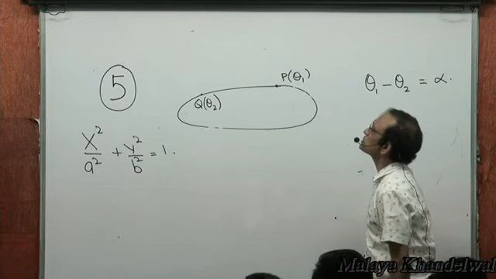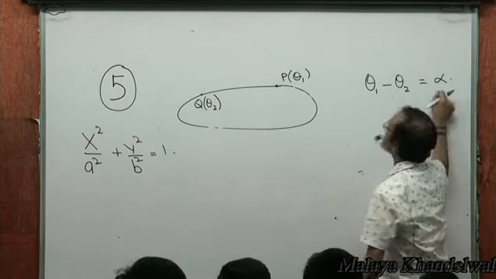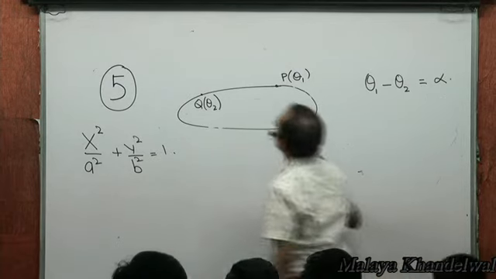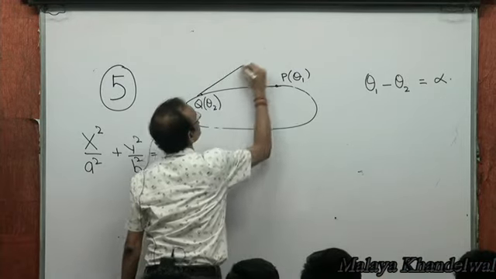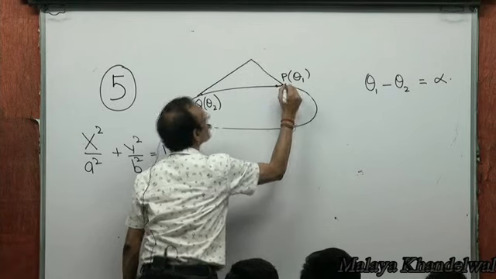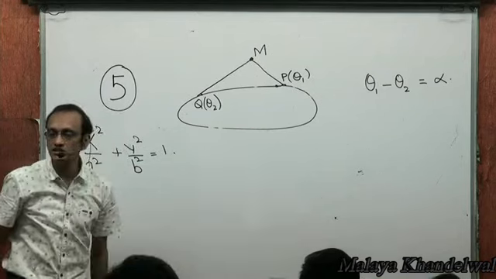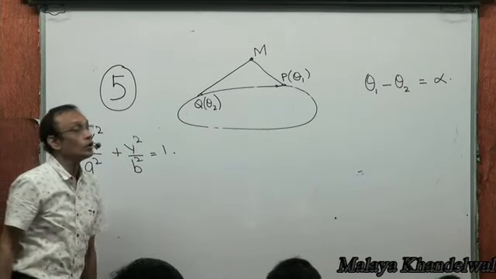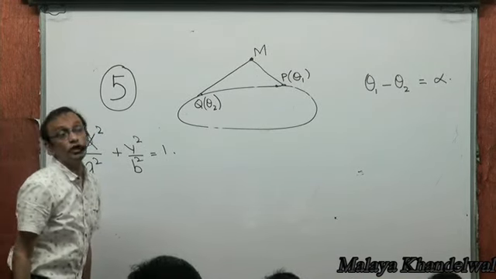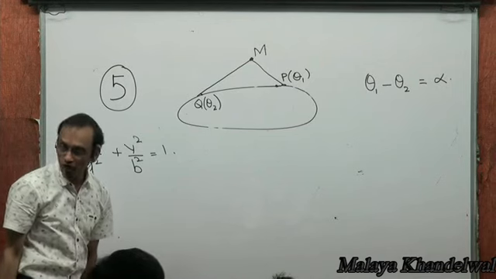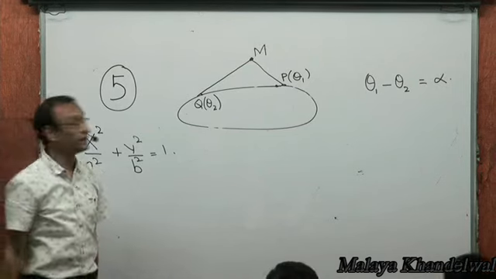Every time you select PQ such that the difference in their eccentric angles is alpha, and you draw tangents at these points, these tangents intersect at a point M. We want to find the locus of all such M's, right?